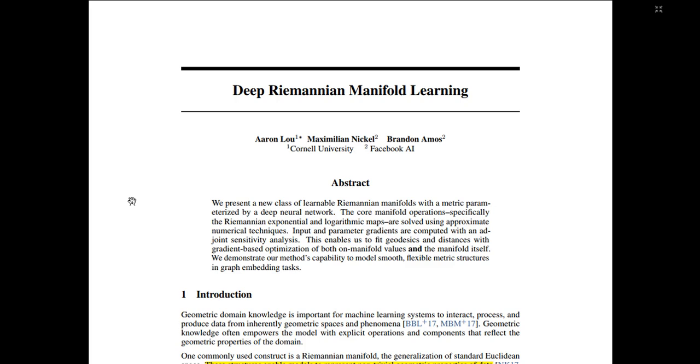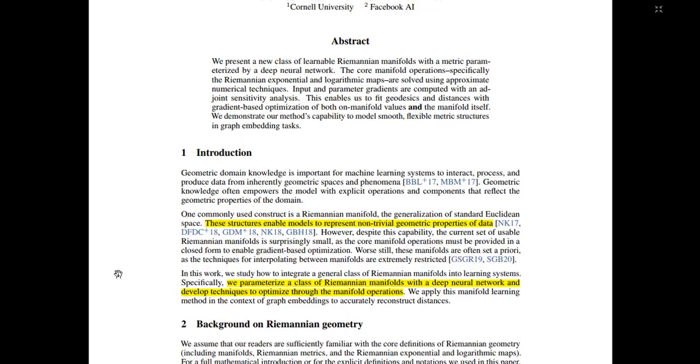In the series of next papers, we take the manifold and its structure and we somehow make it trainable. In this paper, Deep Riemannian Manifold Learning, we are taking the idea that we can have a trainable metric and we can infer geodesics and distance on the manifold. So this is also very useful in some tasks.